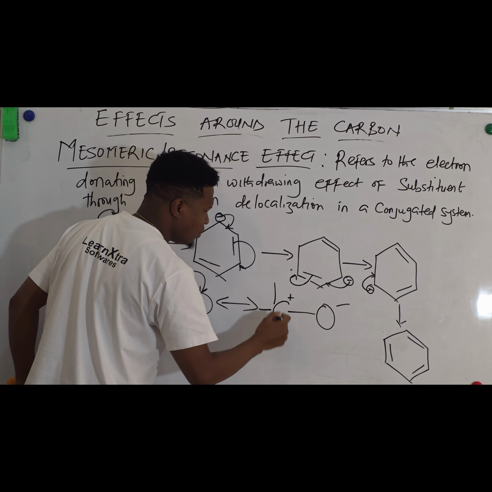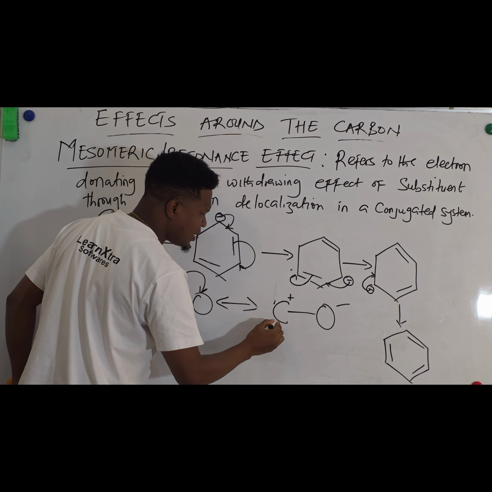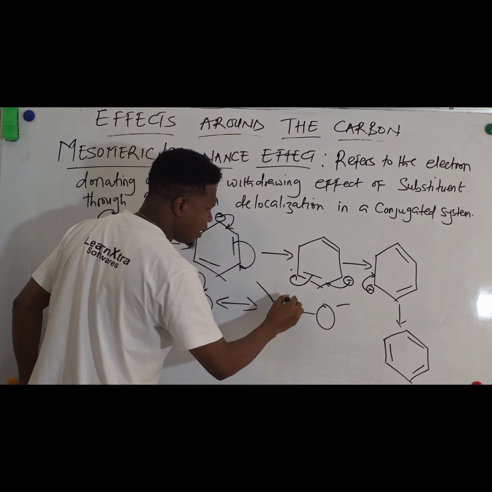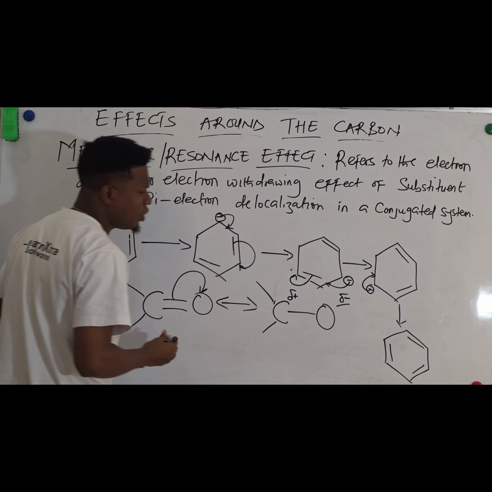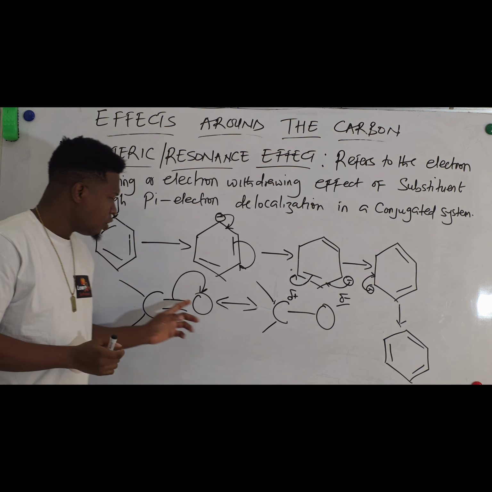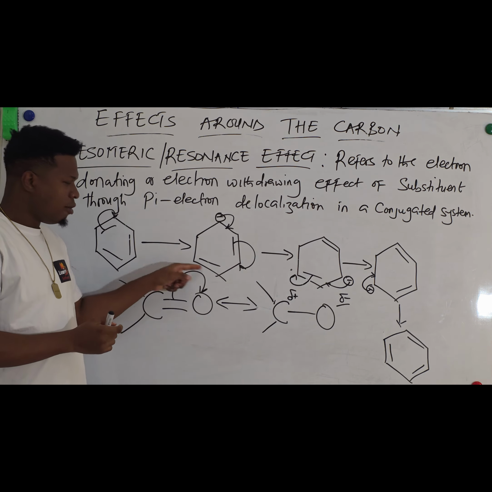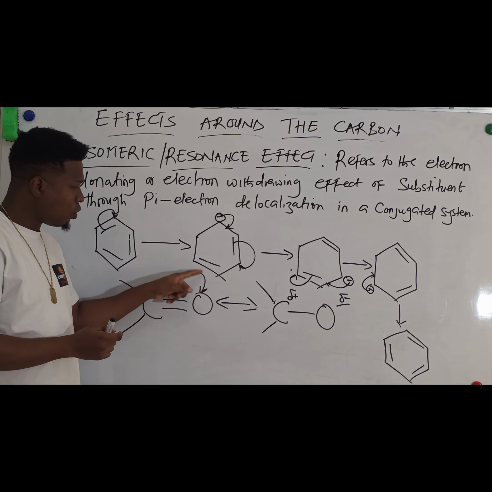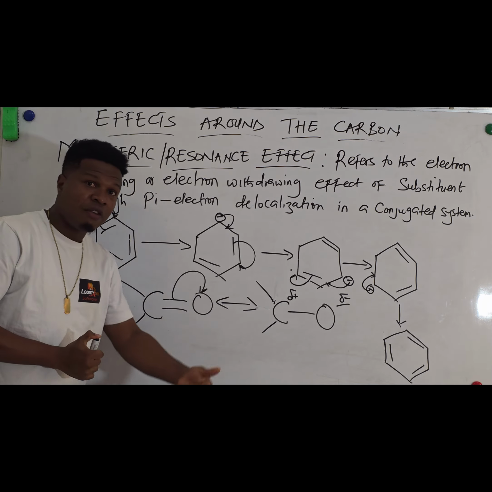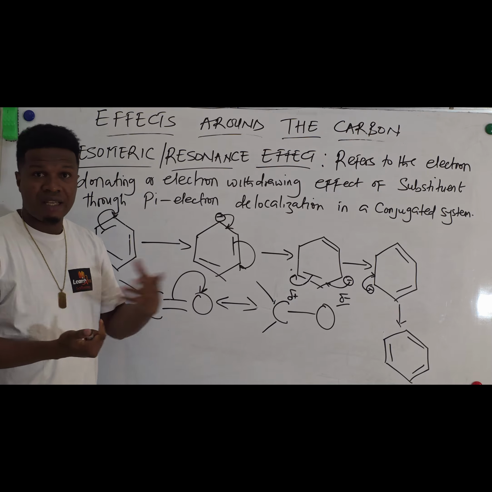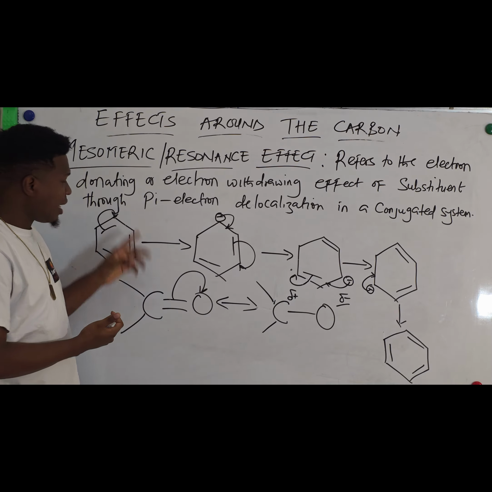This is as a result of the movement of the pi electron. This one we call the mesomeric effect, not the inductive effect. Inductive effect has to do with the sigma bond, but mesomeric effect has to do with the pi bond.